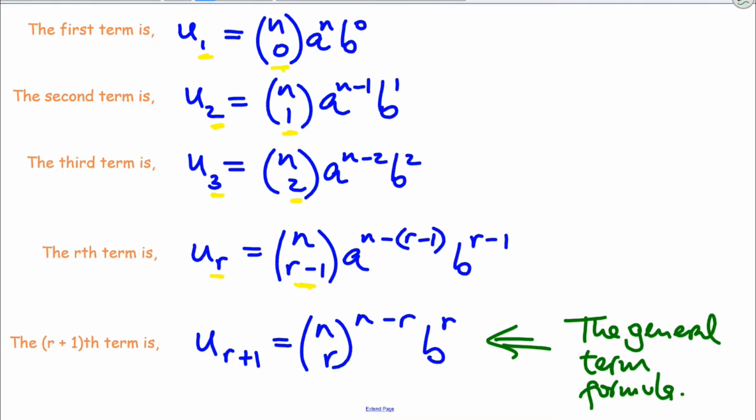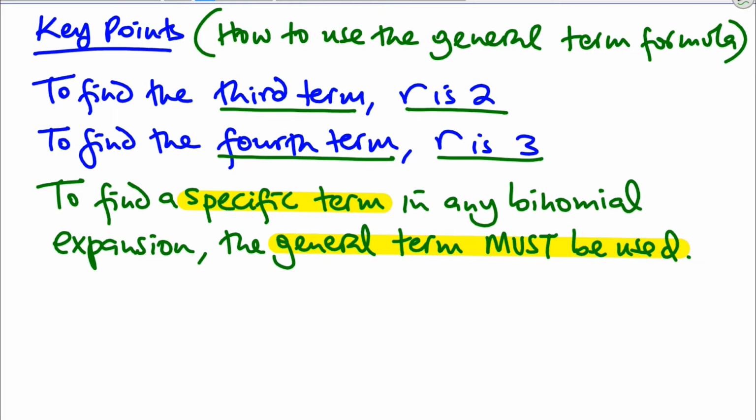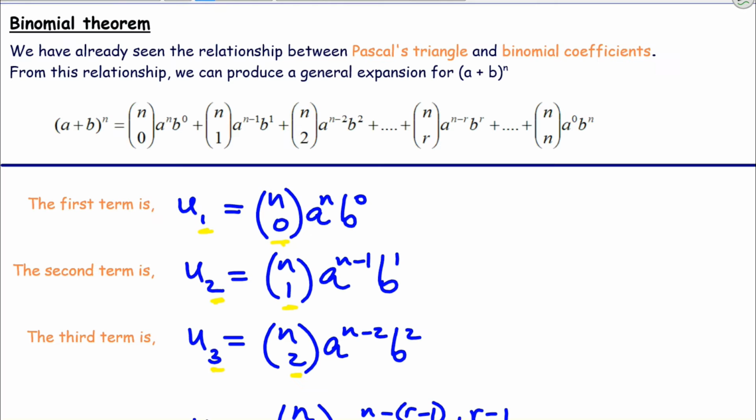Now, some key points on how to use it. To find the third term, r is 2.